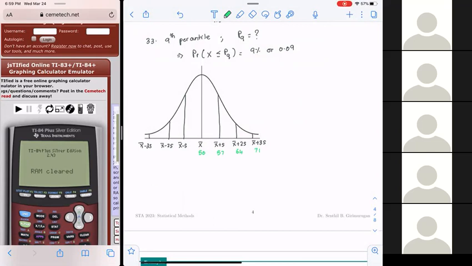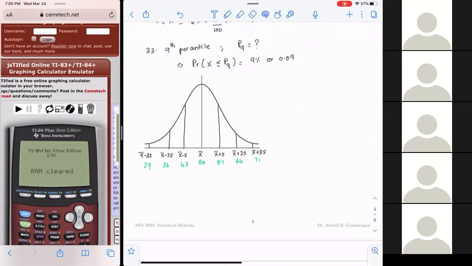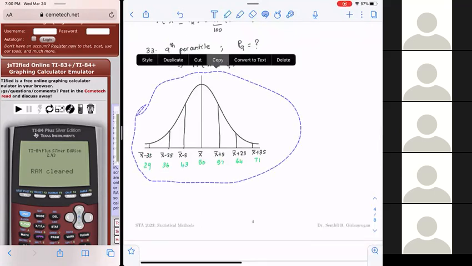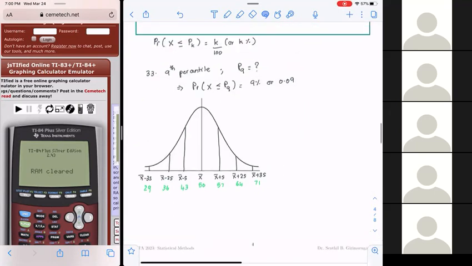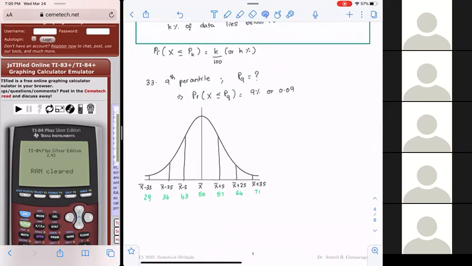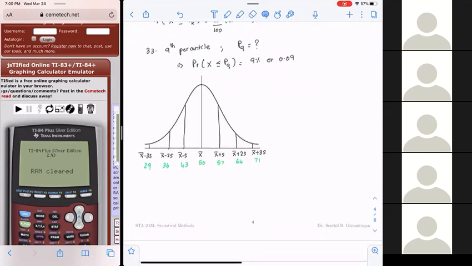Likewise, you have to subtract standard deviations on the other side: 43, 36, 29. Each of those numbers that we computed would actually correspond to a percentile.